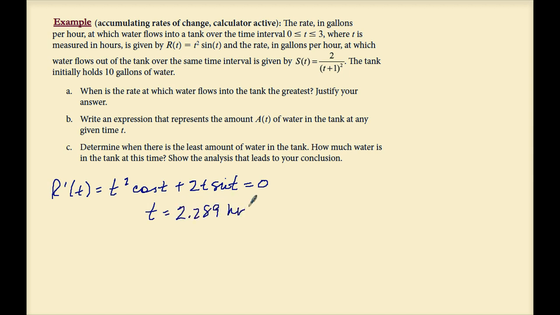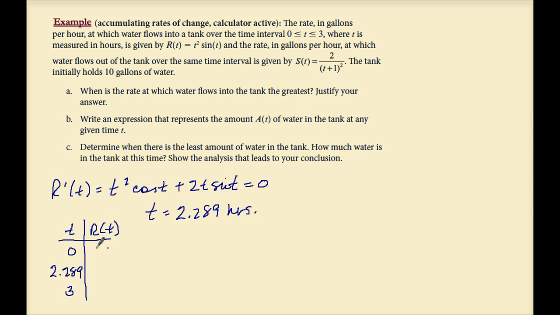Setting this equal to 0 yields one critical number at 2.289 hours. We know that the maximum rate can occur at the critical number or at the endpoints of the interval. So let's find the rates at each of these places in order to determine the greatest rate. At time 0, at time 2.289, and at time 3, what was the rate of the function?